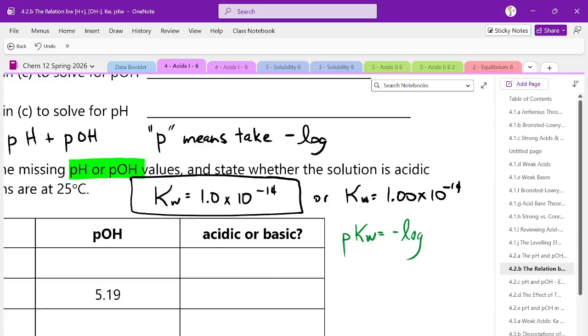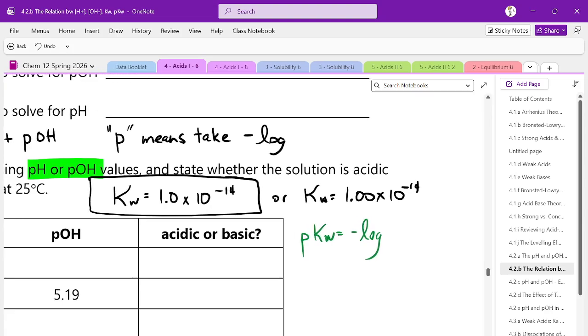The negative log of Kw. Yes. Right? Because pH is the negative log of H, pOH is the negative log of OH, so pKw is the negative log of Kw.